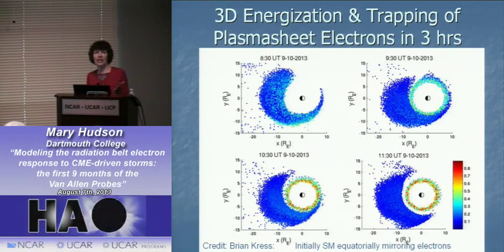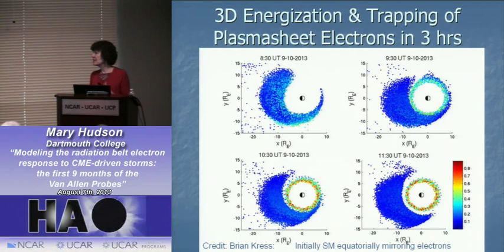So he's showing here that during this 3-hour time period, you're getting substantial injection and trapping and energization of plasma sheet electrons up to MeV energies. Now, is that enough to explain that bright spot in the REPT data? No. But what it does is give you a source population at MeV energies, which is what is needed for the mechanism of local acceleration by interaction with whistlers.